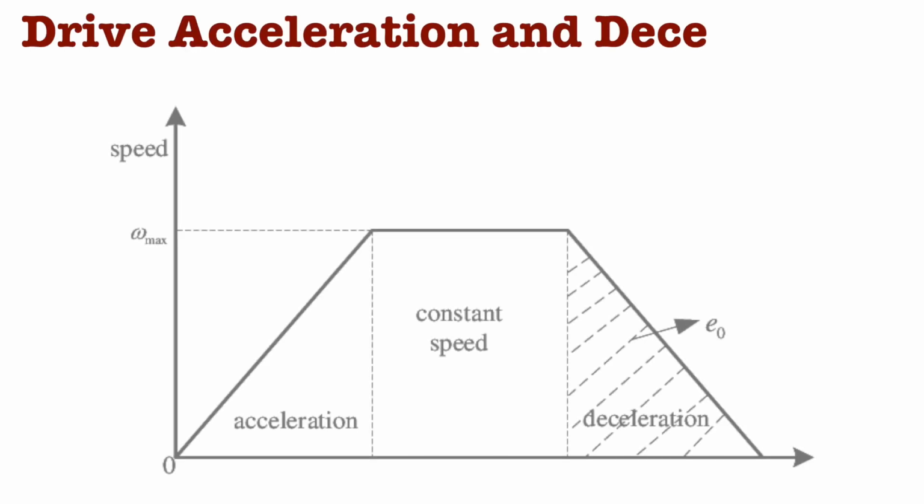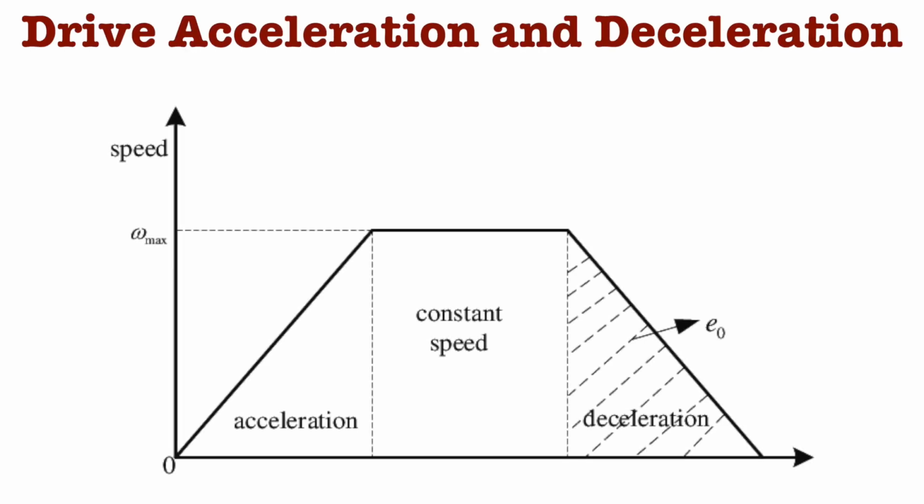The drive accelerates or decelerates depending on whether T is greater or less than TL. During acceleration, the motor should supply not only the load torque but an additional torque component given by J d by dt of omega m in order to overcome the drive inertia.